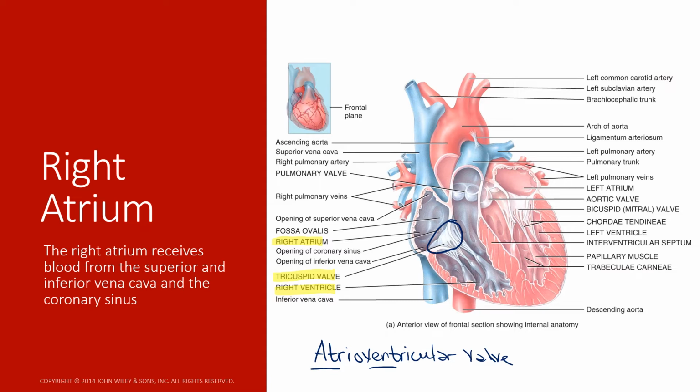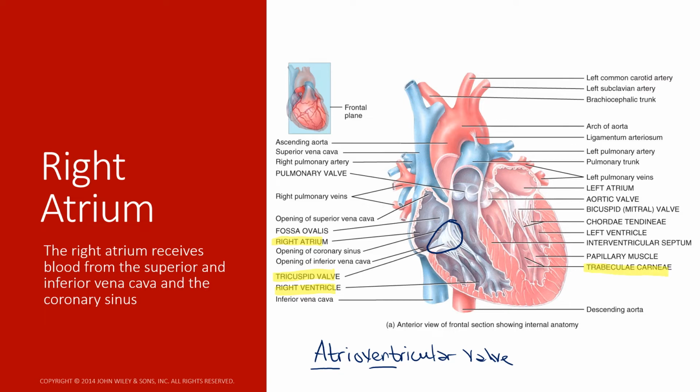And now the valves of the heart are composed of very dense connective tissue that's covered by endocardium. Now inside the ventricles, we do have these series of ridges that are formed by raised bundles of cardiac muscle fibers. And these raised bundles are called trabeculae carneae.